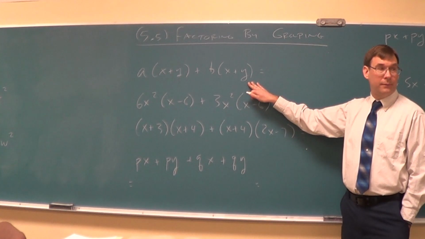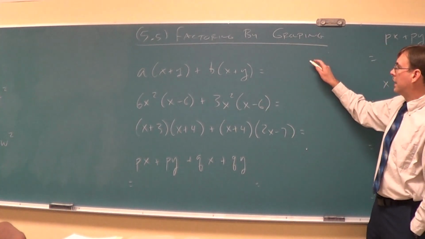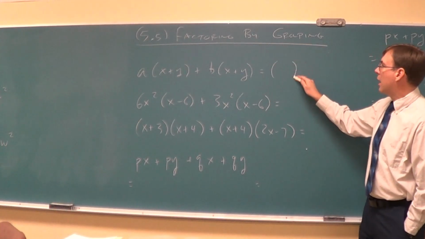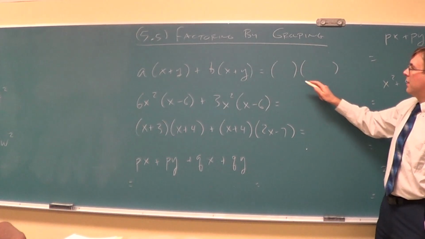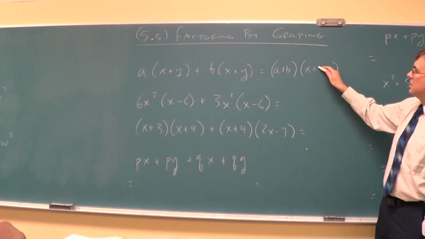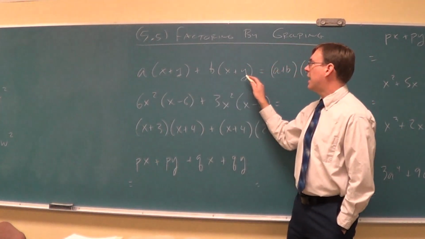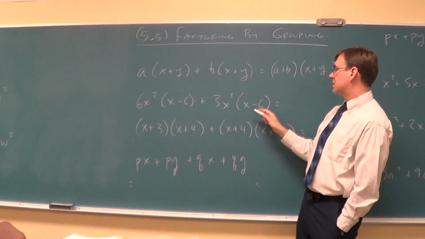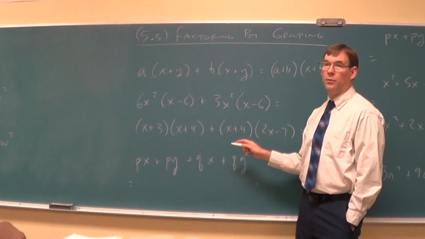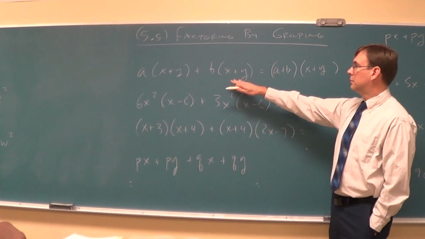It's like a plus b times x plus y. Okay. Parentheses, how many groups did you get? 2. So we're going to get one set of parentheses that has an a plus b. We're going to get another set of parentheses that has an x plus y. What was nicely set up about this problem, and it's nicely set up in the next 2 as well, what lets us be able to consolidate?